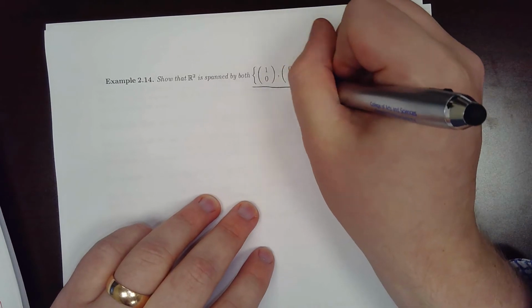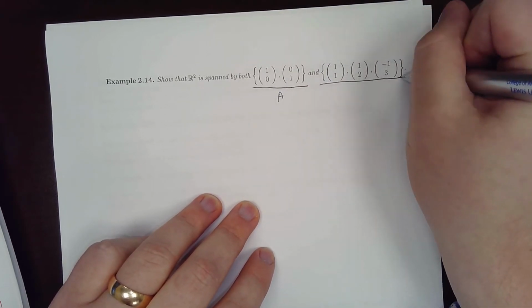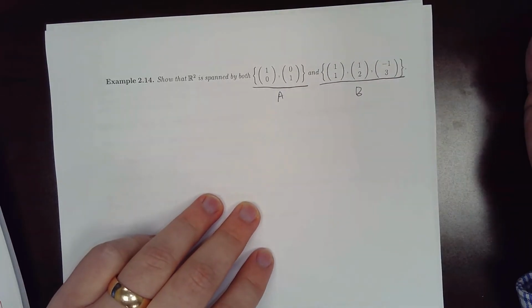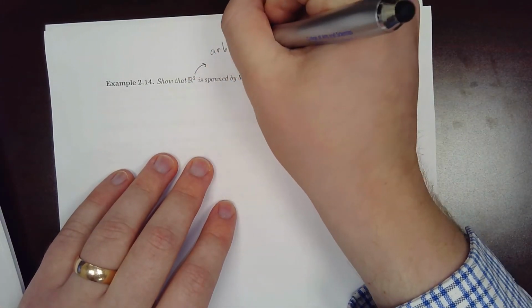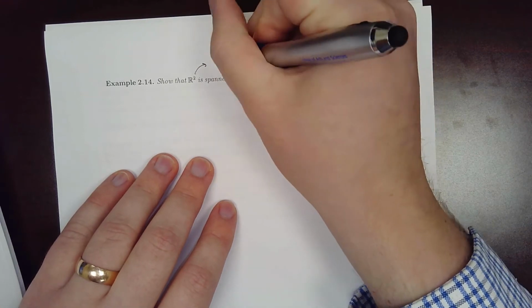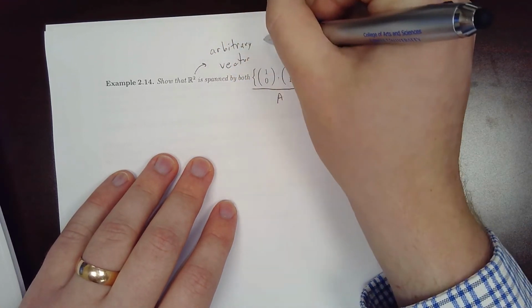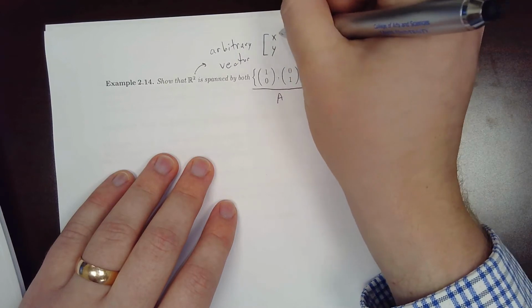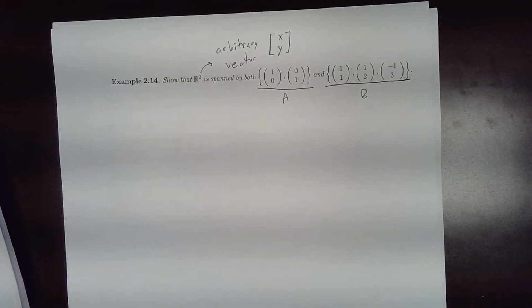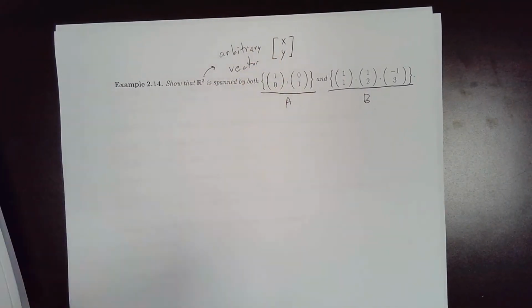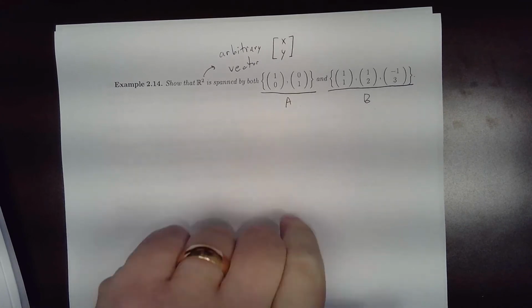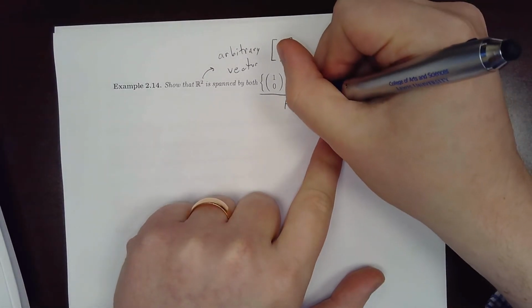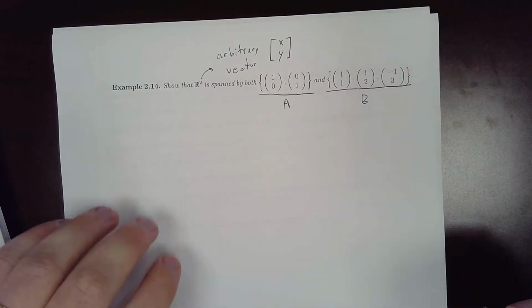We'll call this set A, and we'll call this set B. Here we need an arbitrary vector to work with. I like xy. The reason I like that is it doesn't tie us down to any numbers. X and Y could be anything at all. And we already have an A here and a B here, so I didn't want to call it little a, little b. That might be confusing.